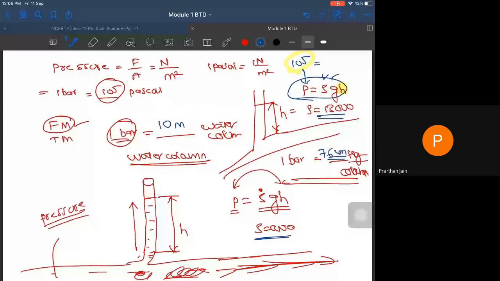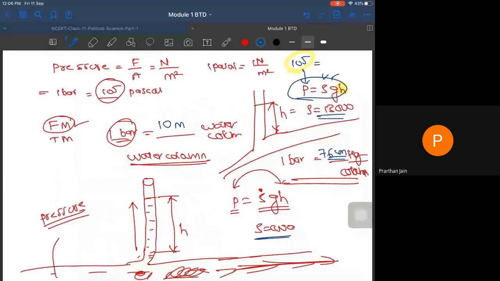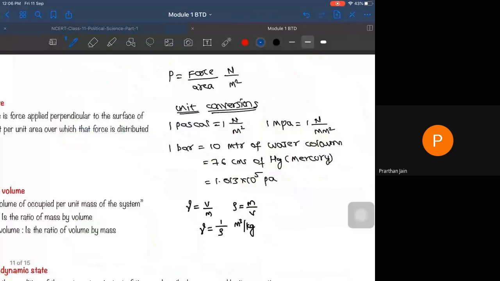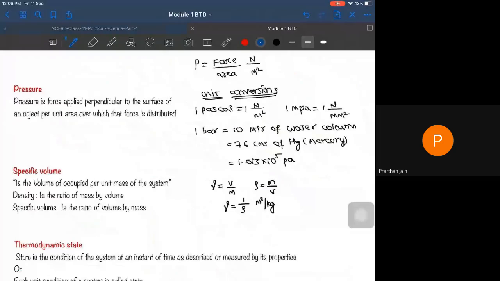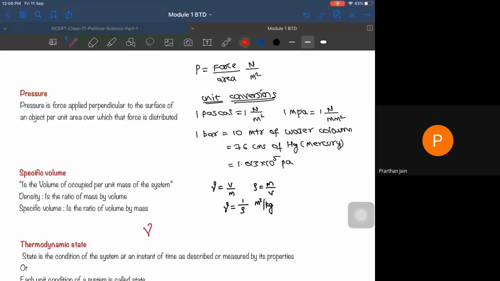So these are a few descriptions of pressure. You can take the notes for it. Yes, 76 centimeters of mercury. Even you can take the specific volume here. Density and specific volume are reciprocal in nature. What is specific volume? It is volume by mass, volume per unit mass. And what is density? It is mass by volume.